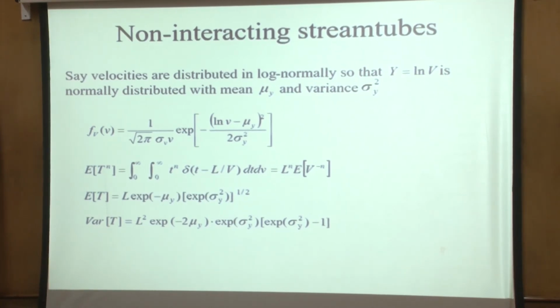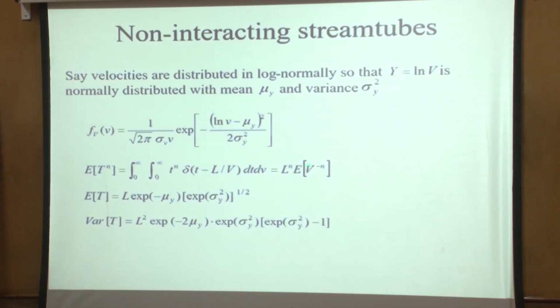And if it's non-interacting stream tubes, each of these stream tubes has a velocity which varies log normally. Then this is my expression for its density. If I do the travel time, in each column it's L over V, but when I take expectations, it's V to the power of L over V. Expectation T to the power of N will make it L to the power N times V to the minus N. V is log normally distributed.